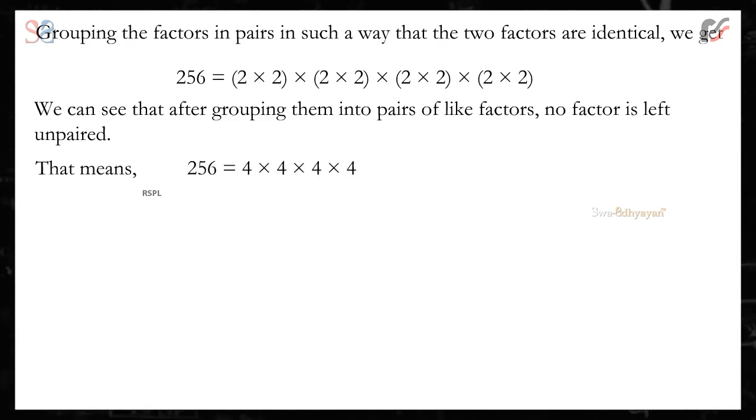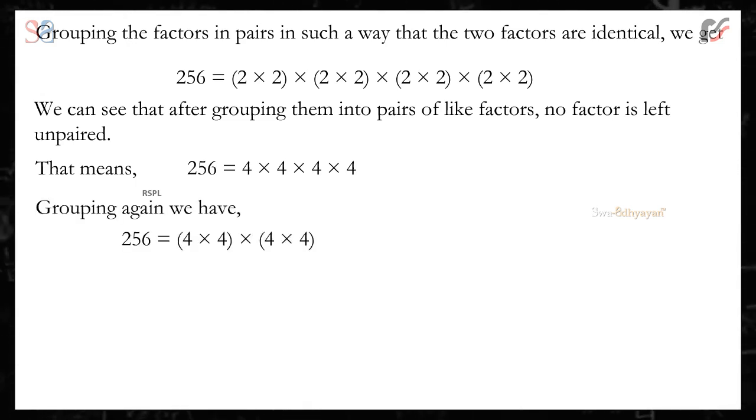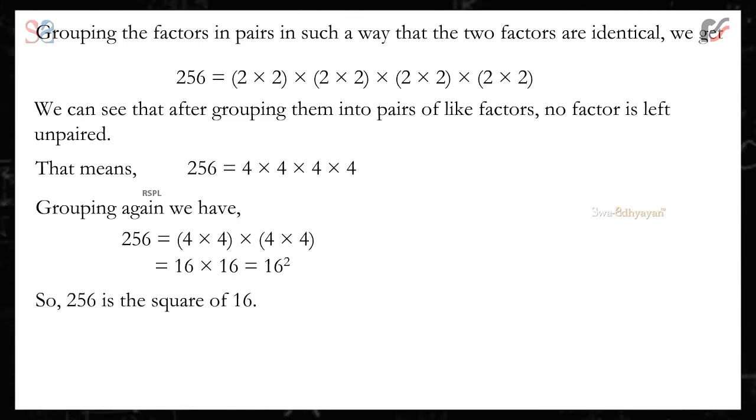That means 256 is equal to 4 into 4 into 4 into 4. Grouping again, we have 256 is equal to (4 multiplied by 4) into (4 multiplied by 4), which is equal to 16 into 16, which is equal to 16 square. So 256 is the square of 16.